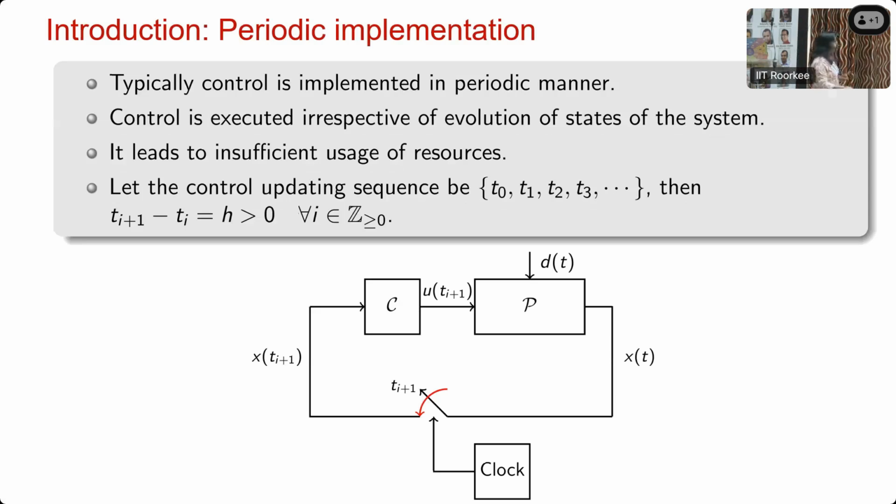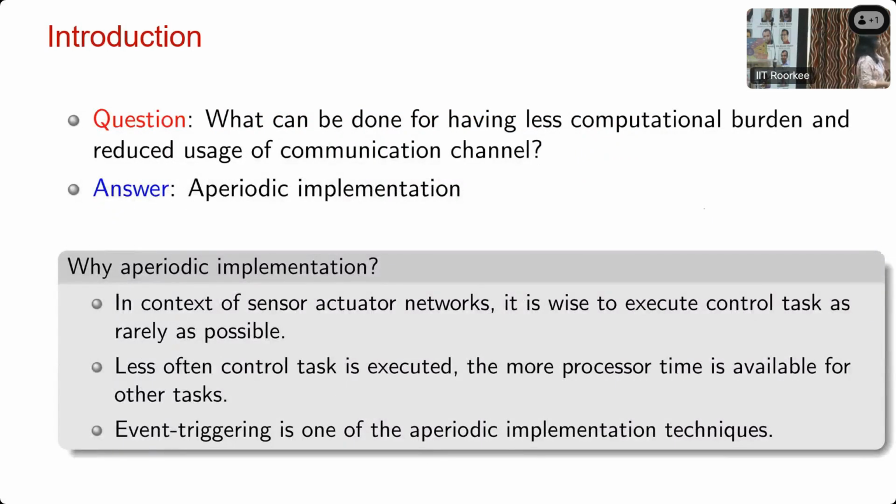So we are sending the state information to the controller at every tau seconds, or let me call it at every 0, x, 2x, 3x. We are sending the information of the state. As I had already said, what can we do to have less computational burden and reduced usage of the communication channel?